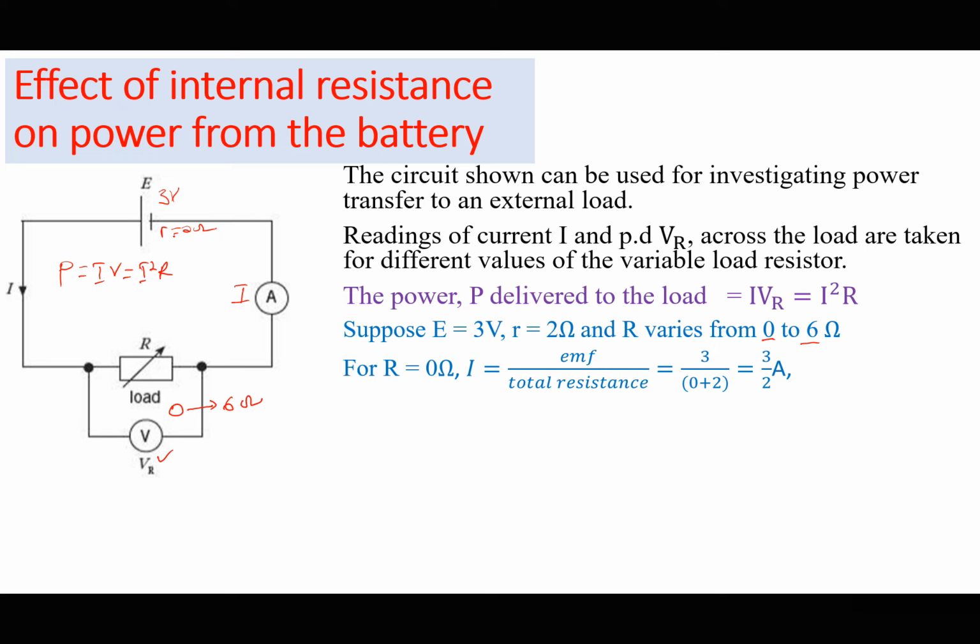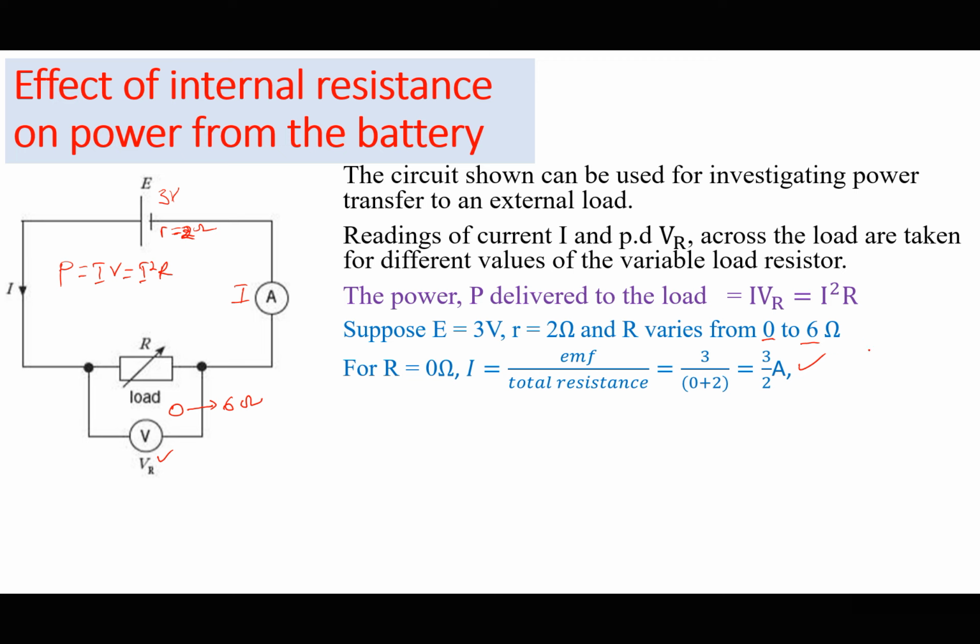Remember, there's an internal resistance of the battery which I've considered to be 2 ohms. So if I substitute 3 divided by 2, the current in that case is going to be 3 over 2 amperes.